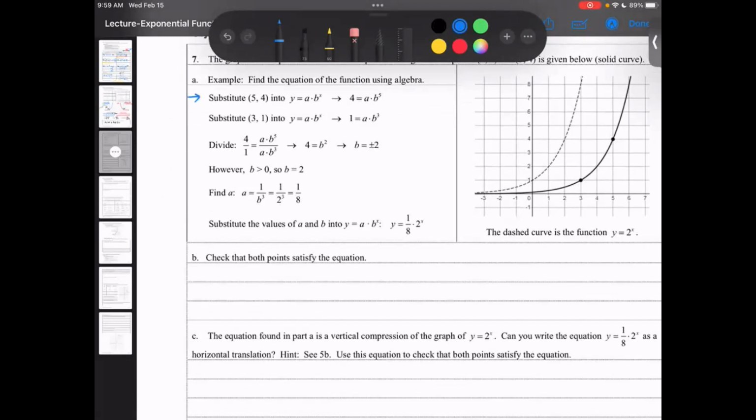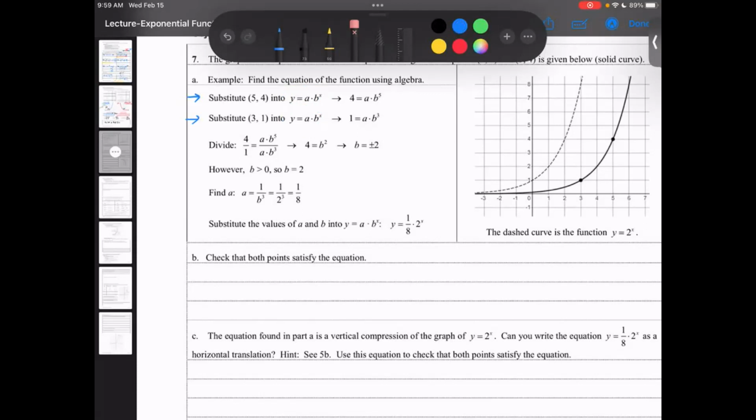I'm going to substitute 5, 4 into the general standard form equation. Then I have y is 4, so 4 equal a times b to the 5th. And I do the same thing for the second point. Now I have 1 equal a times b to the 3rd.